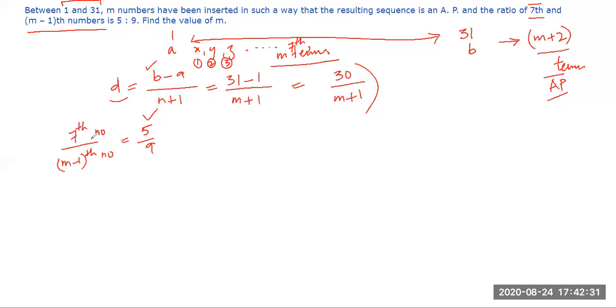Can you tell me how I can write the expression for these two? A plus 7D. Beautiful. Now what will be the m minus 1th number? Let's go back.